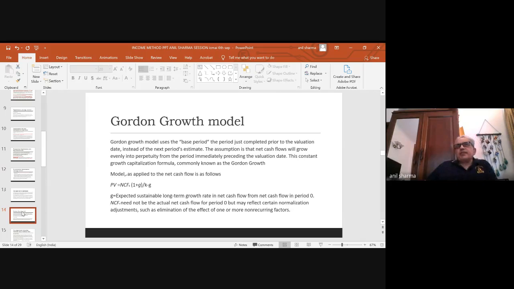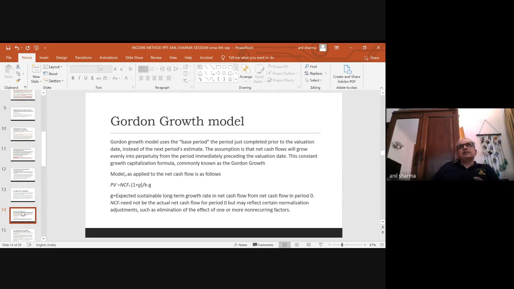The next one, which is based on the capitalization earnings principle, is called the Gordon growth model. In the capitalization earnings, you're taking the period after the valuation date. But here we take the same period as the valuation date. So in the Gordon growth model, you have the net cash flow in the year in which you're doing valuation. Let's say the valuation date is 31st December 2015, and you take the year January 1st to December 31st, 2015, the net cash flow of that year.